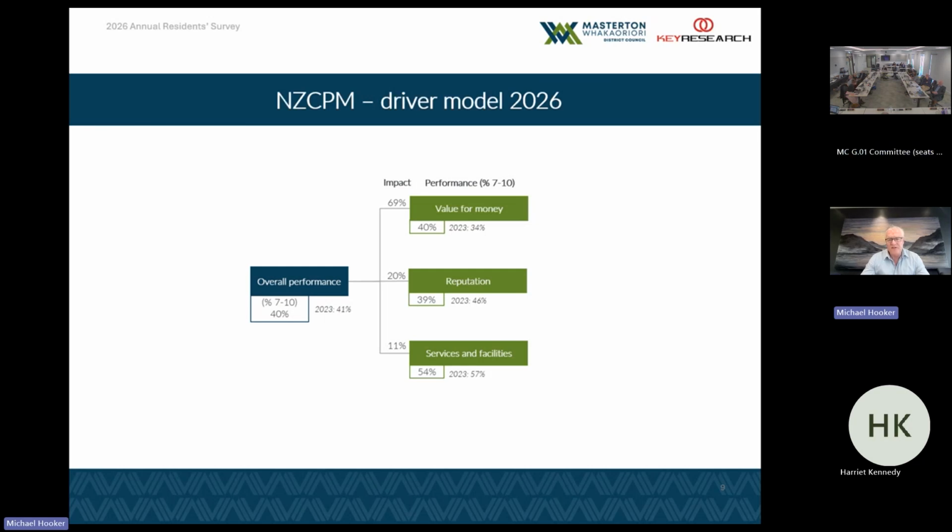And so because the value for money impact is so high, it's allowed that overall performance measure to remain relatively stable. If perceptions of value for money, for example, were much lower than they have been, then you were highly likely to have seen your overall performance metric decline as well.